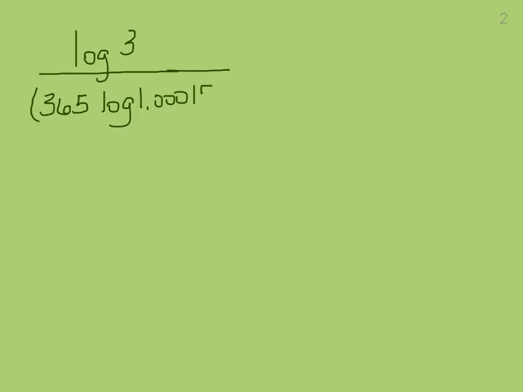So in your calculator you're going to put log of 3 divided by, and go ahead and put it in parentheses, 365 log 1.000158, and that's going to be your time. And I'm putting the parentheses there because you need to show that 365 is multiplied by that log in the denominator.